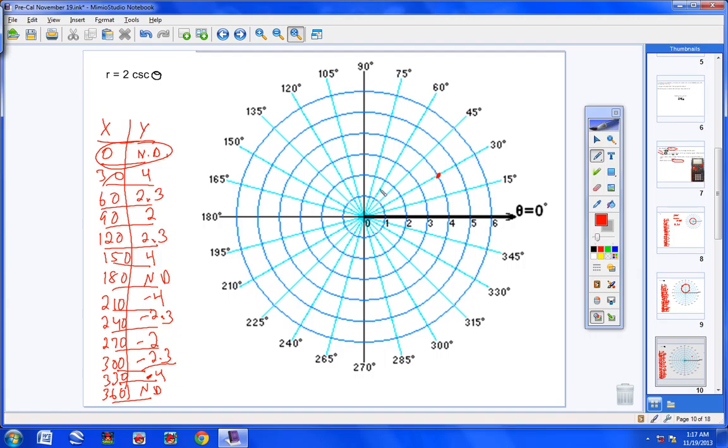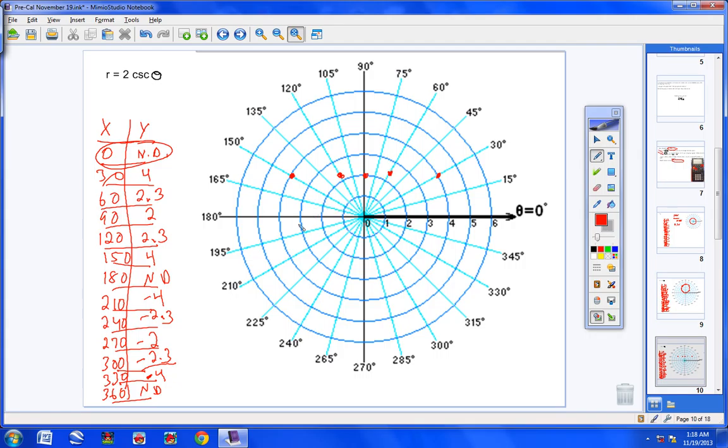So here's 60, 1, 2, 2.3, and then 90, 2. So here's the 90 line, then 1, 2. And then 120, 2.3. So 1, 2, 2.3. And then 150 is 4. So here's 150, 1, 2, 3, 4.